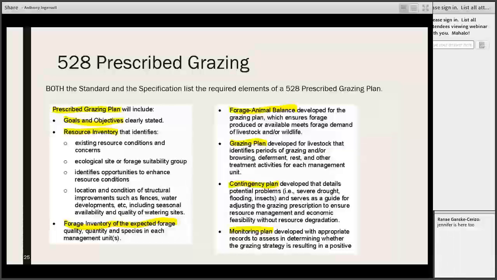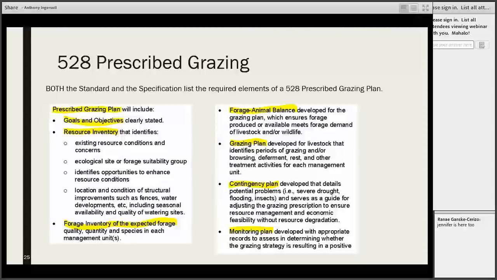Both the standard and the spec list the required elements of the 528 grazing plan. Okay, so those include all these things I've highlighted: goals and objectives, the resource inventory, which you've got on your CPTN1 and your grazing land condition score sheet and trend worksheet, your forage inventory and the expected forage quality, and your forage animal balance. We just talked about how we can generate that out of the grazing tool.